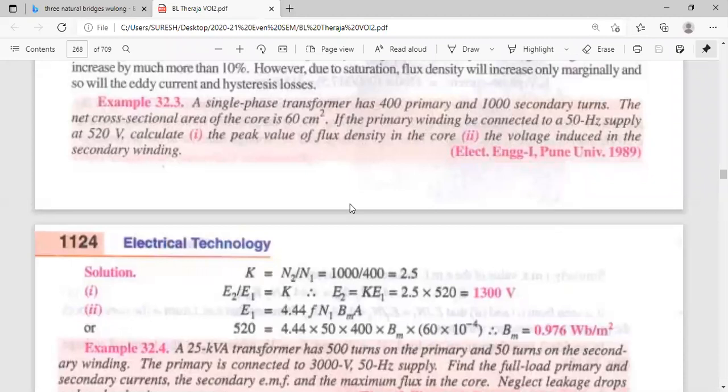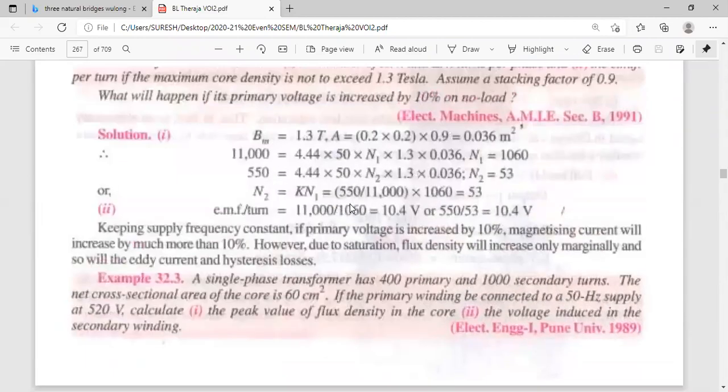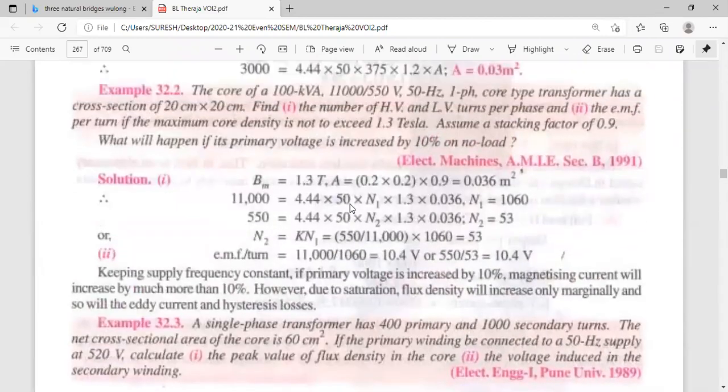Sir, in the previous problem, I got N1 as 105.6. No, that is wrong. Do you see the calculation properly? Have you taken 11,000 volts, frequency 50, flux density 1.3, and this area?